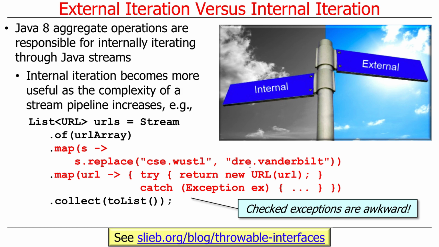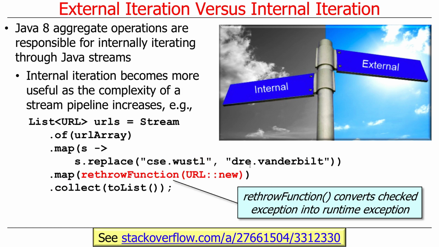Like in this case, new URL can throw an exception indicating that the URL parameter is malformed or whatever. And so the URL constructor can throw an exception. When you have those kinds of checked exception methods or constructors, it looks really nasty to write code like this.